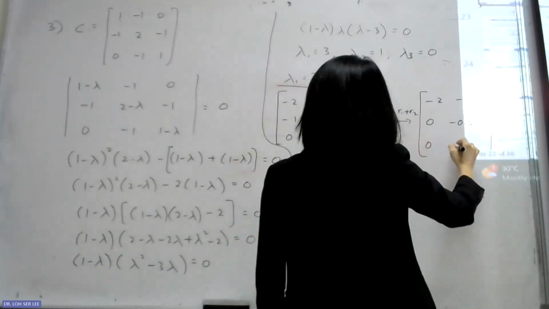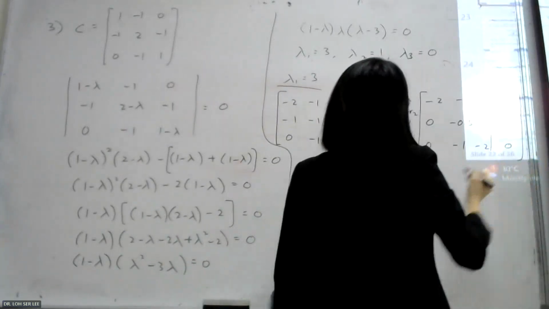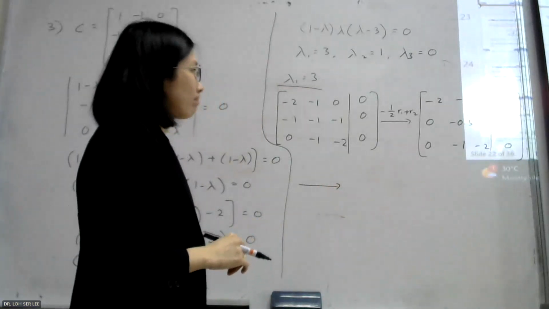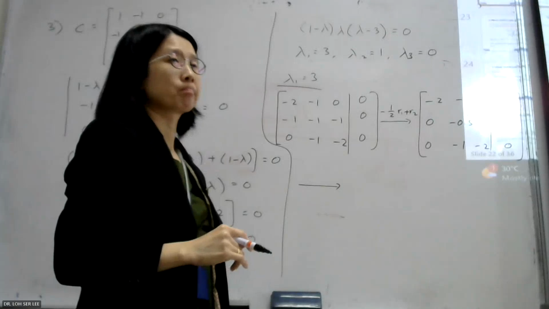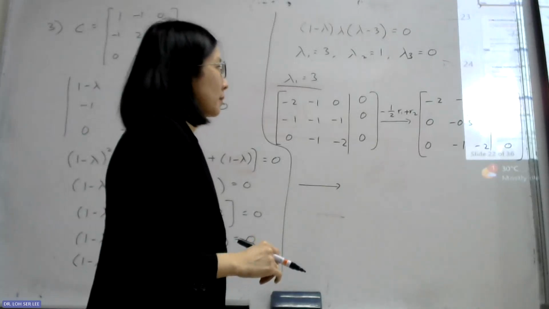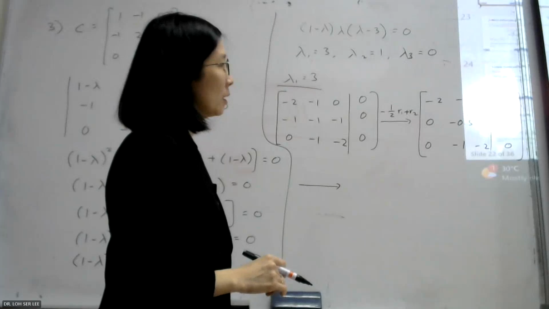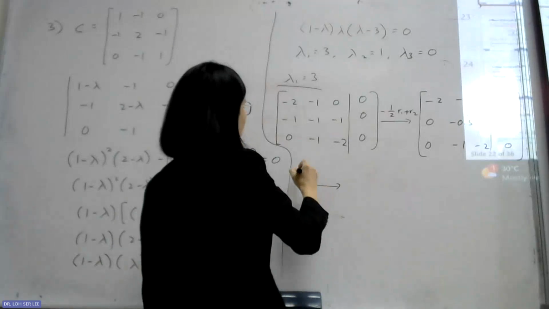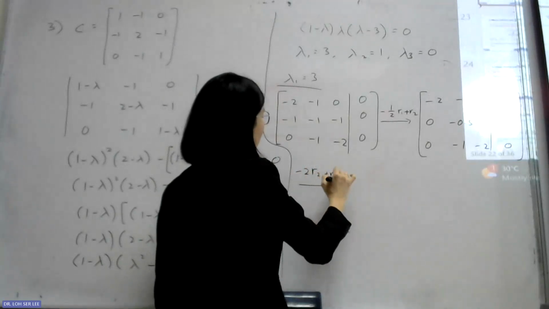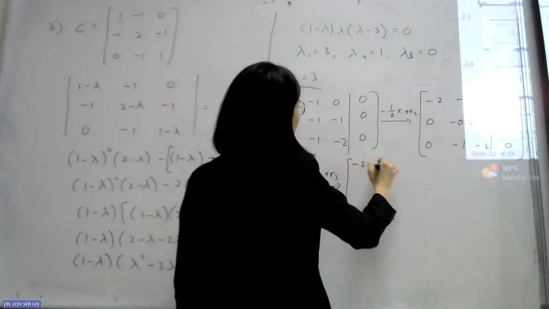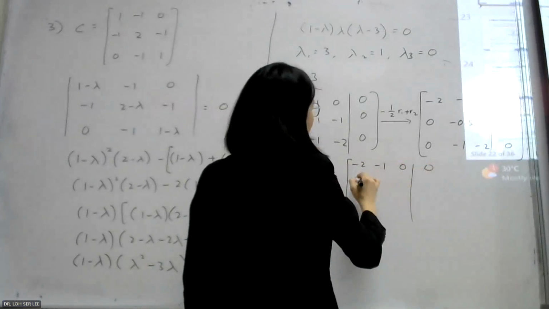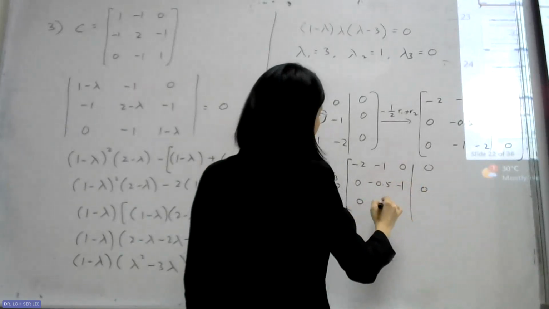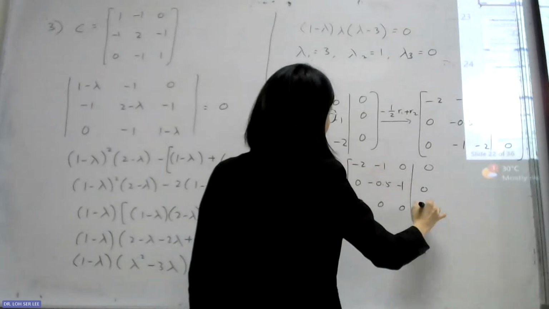And then 0, negative 1, negative 2, 0. Then one more operation, negative 2 R2 plus R3. Negative 2, negative 1, 0. 0, negative 0.5, negative 1, 0. 0, 0, 0, 0.